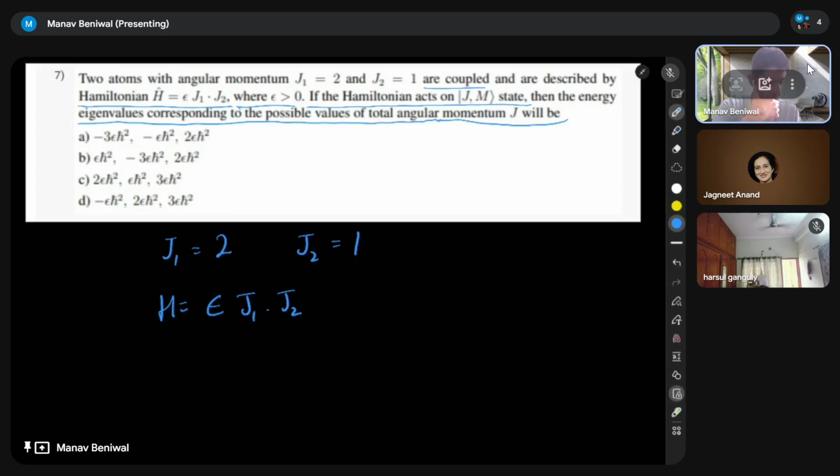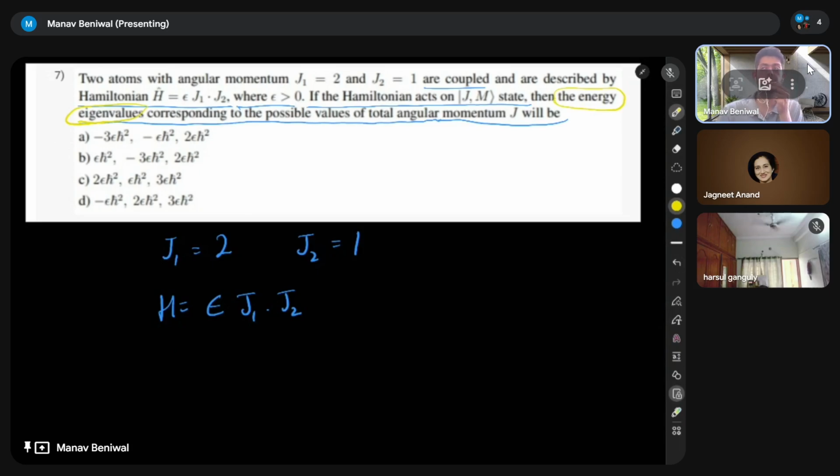Okay, so what do we need to find? We need to find the energy eigenvalues, right? This is what we are supposed to find. So what is the first thing that comes to your mind when we want to solve such problems?